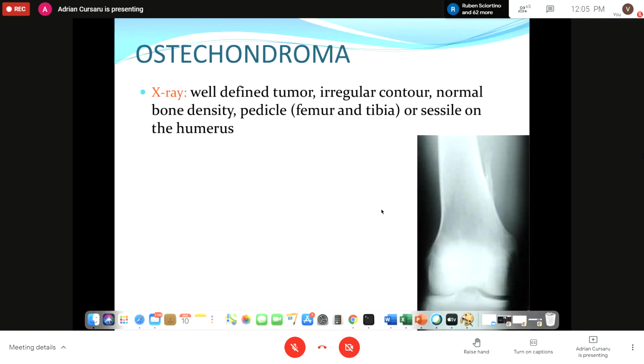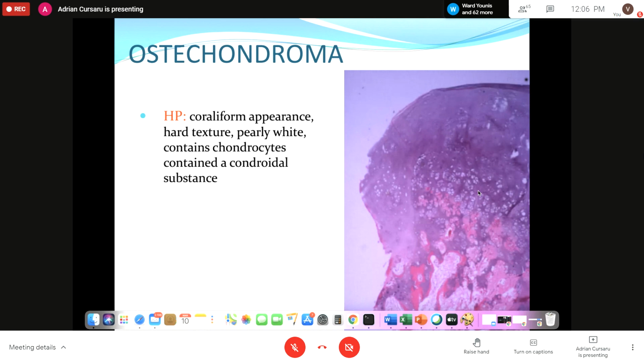On the X-ray, you will see a well-defined tumor because it is a benign one, with an irregular contour in some cases, like a pedunculated one, like in that image in the proximal part of the femur, but with a normal bone density and a very good definition between the normal bone and the abnormal bone. In most cases, it is a sessile lesion.